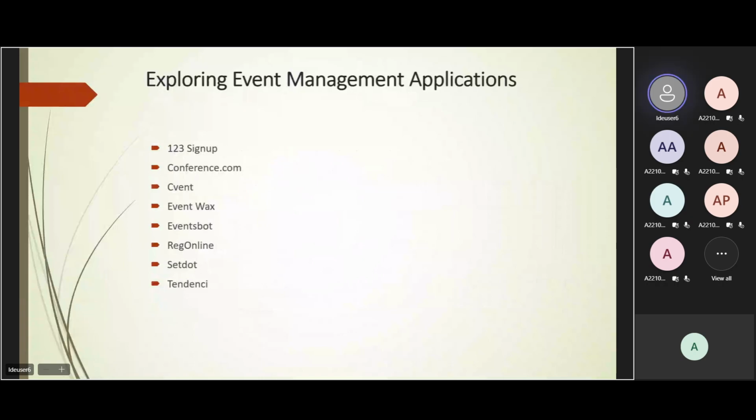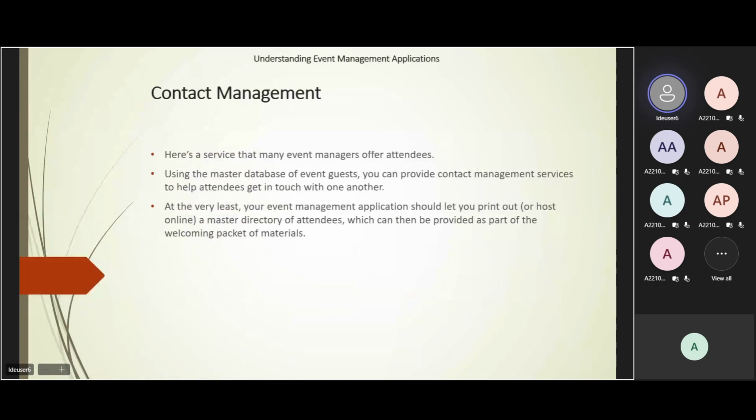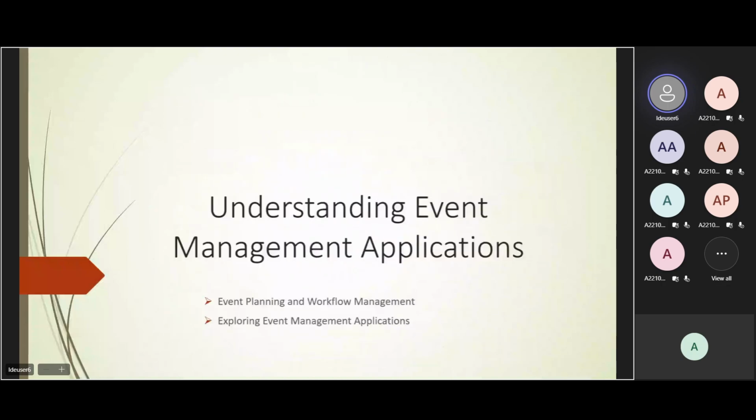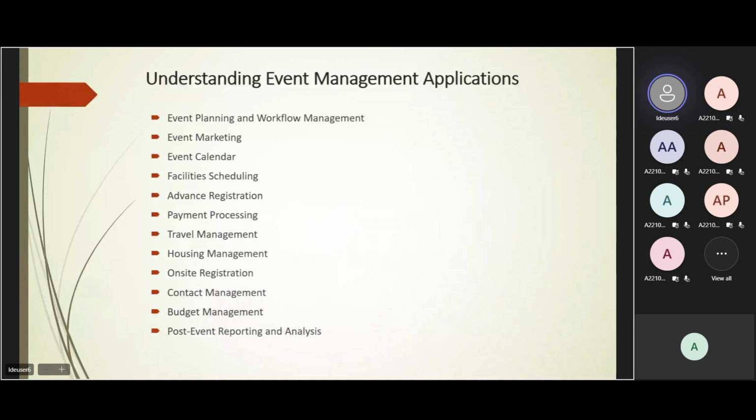So far we have seen what things are required for event management applications. If you are going to create an event management application using cloud, these things have to be included: planning management, event marketing, calendar scheduling, registration processing, travel management, housing management, on-site registration, contact management, budget management, and post event reporting and analysis.